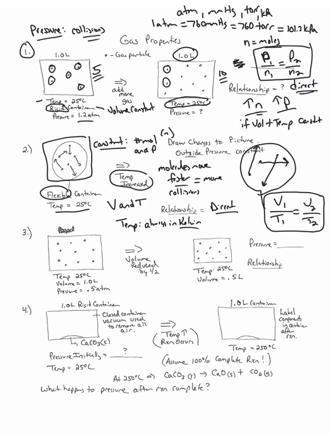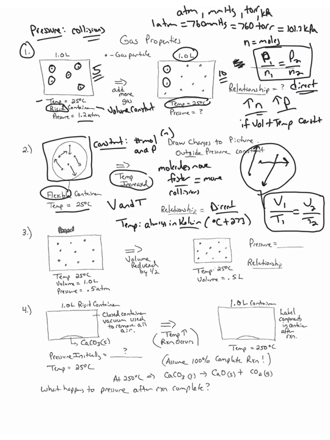So again, to cause a Celsius temperature to become a Kelvin temperature, we just simply add 273 to the Celsius temperature, and that'll give us our Kelvin temperature. So whenever we use any gas law equation in this class, we need to make sure that the temperature is in Kelvin. And we'll see that in our next lecture where we go through the mathematical concepts of these equations that I'm showing you today.